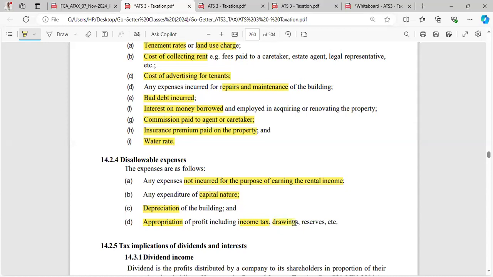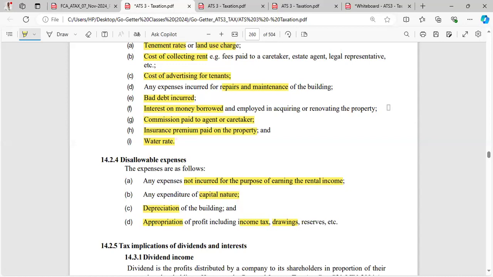Then drawings. Drawings is when the owner, let's say the landlord, takes money for his personal use. Maybe the landlord receives money from rent. He now takes maybe 20% of that money and uses it to do his personal runs and not for the benefit of the business. That is drawings.